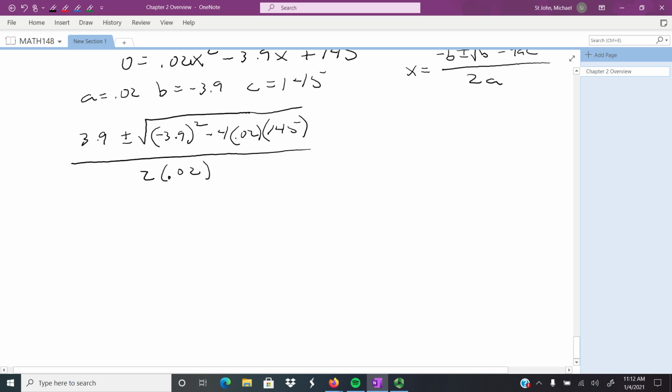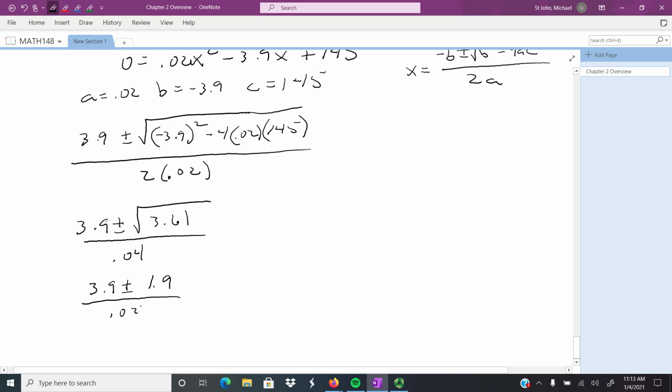Then it's a matter of number crunching. So this becomes 3.9 plus or minus the square root of 3.61 over 0.04. So 3.9 plus or minus 1.9 over 0.04.